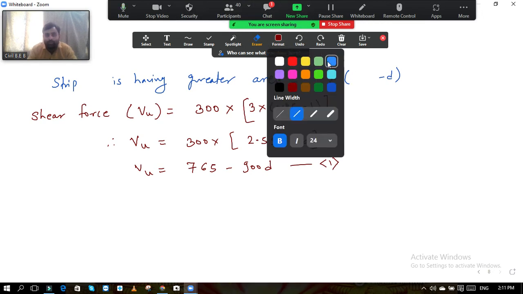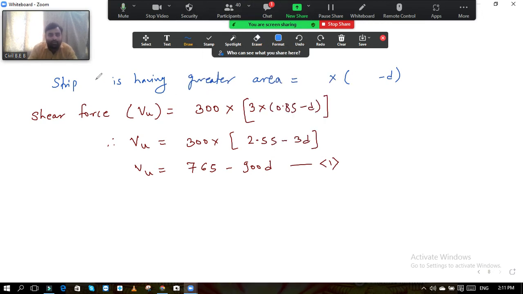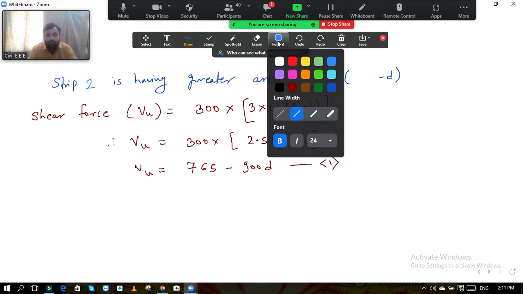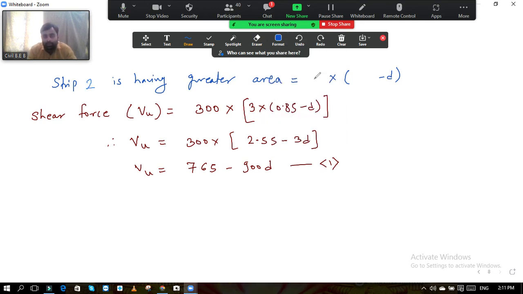Okay, so here I will write this is for strip 2 and the area of strip 2 is 2 into 1.25 minus D. Here also in these calculations I should take the same area.